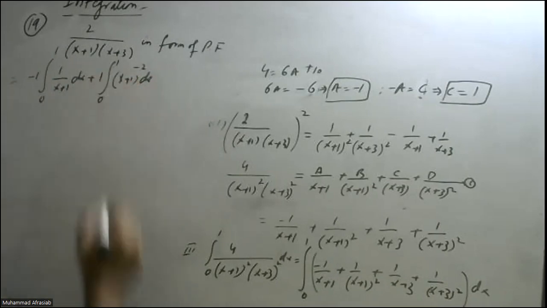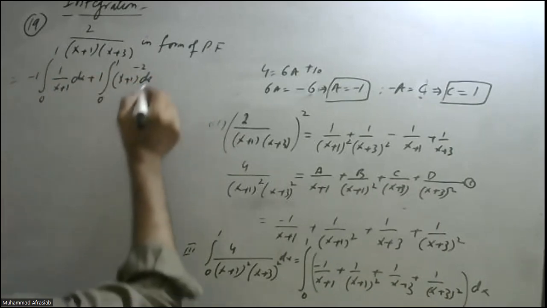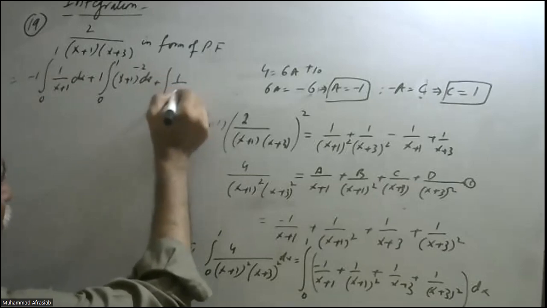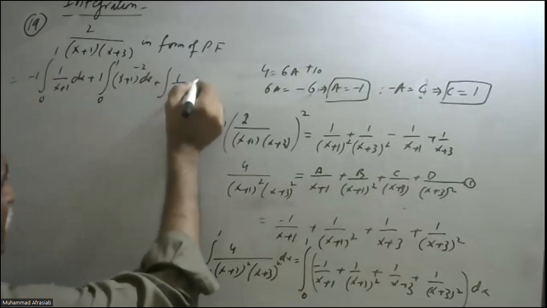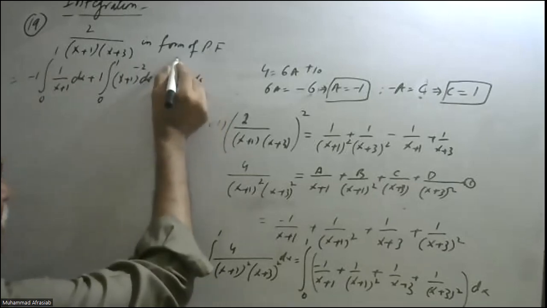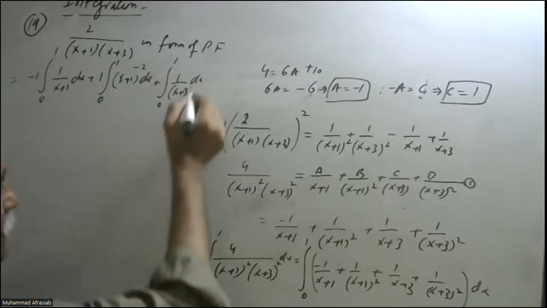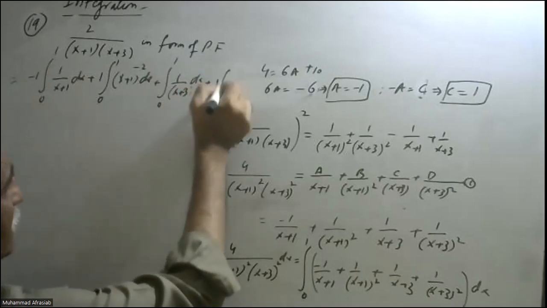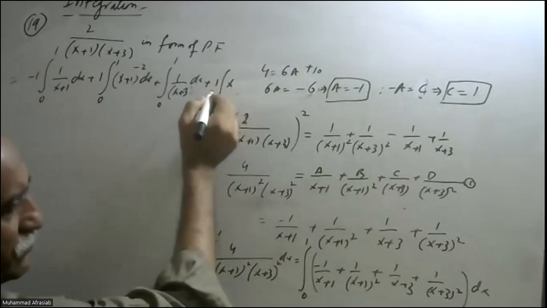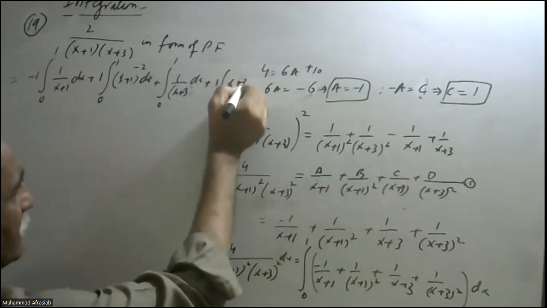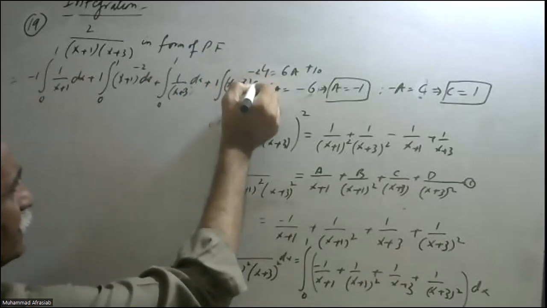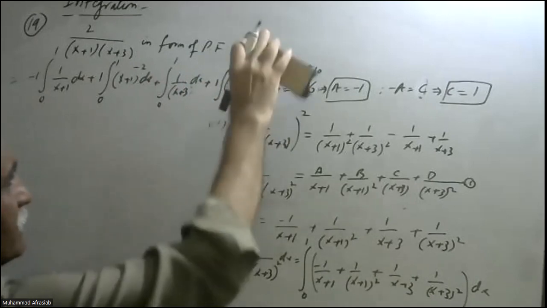Again, limit from 0 to 1. Then plus 1 over x plus 3 d of x from 0 to 1 and plus 1 over x plus 3 whole square. This will become minus 2 into d of x.